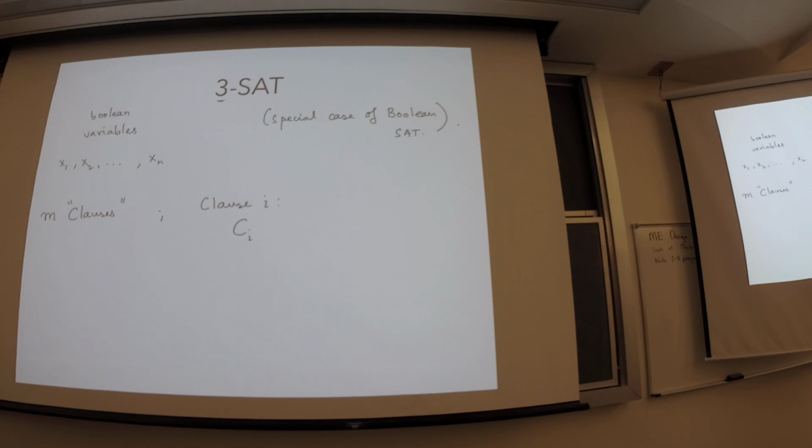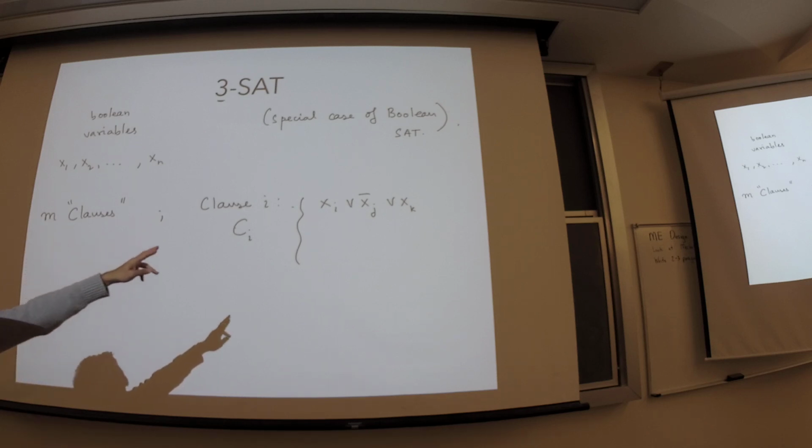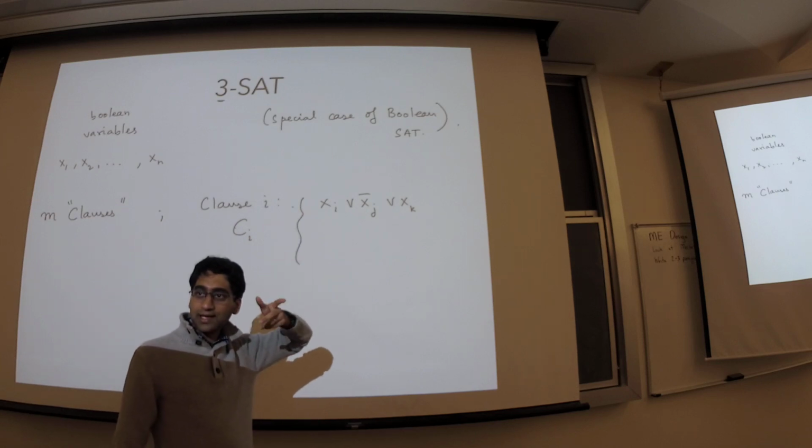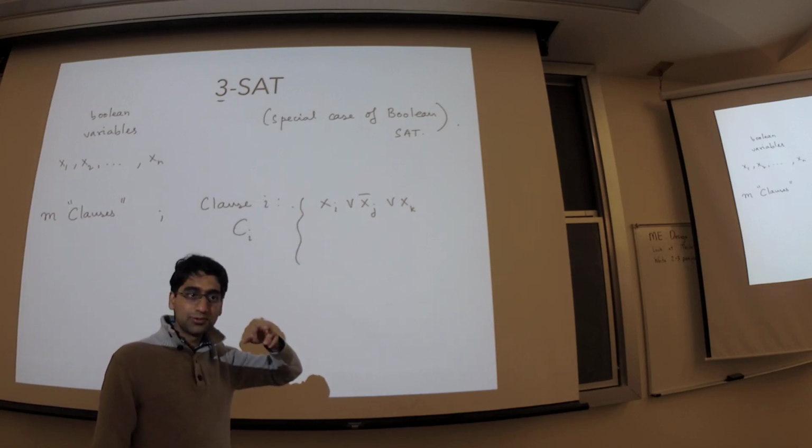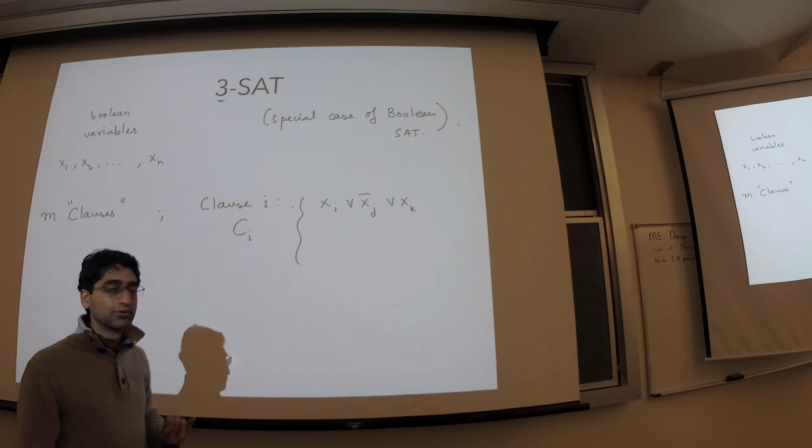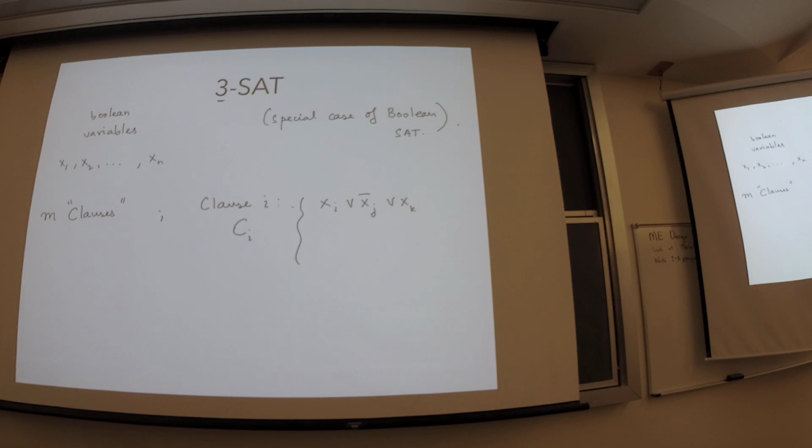So this is xi or xj bar or xl. It looks like this. It involves 3 of the original variables, potentially with negations. xj bar is the logical negation of xj. If xj is true, xj bar is false, and so on. So every clause looks like this. It involves exactly 3 variables, and it's the OR of those.